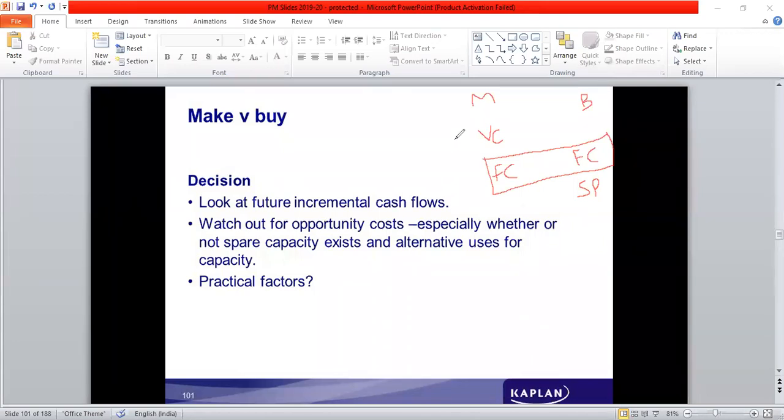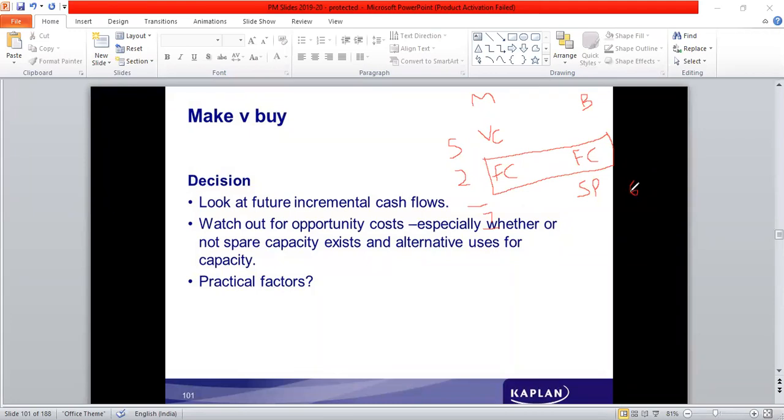If the variable cost is 5, the fixed cost is 2, and the total cost is 7. Let's say that making the component stands at 7. Then if the supplier is offering a price of 6, should the product be purchased?